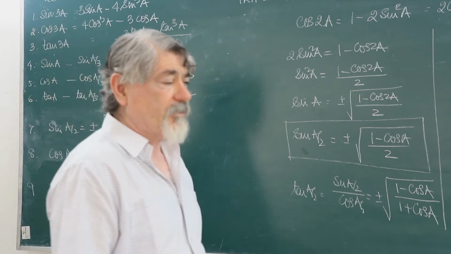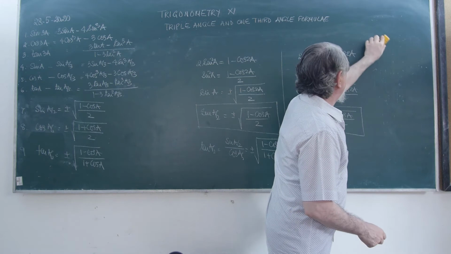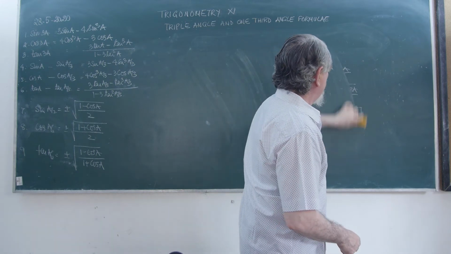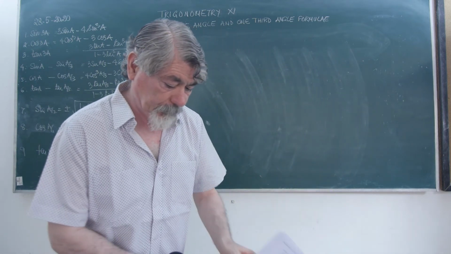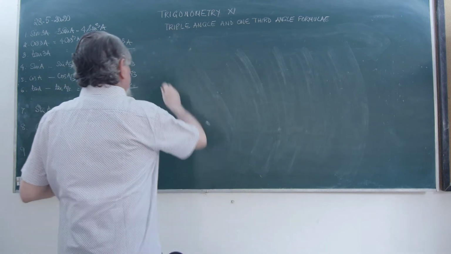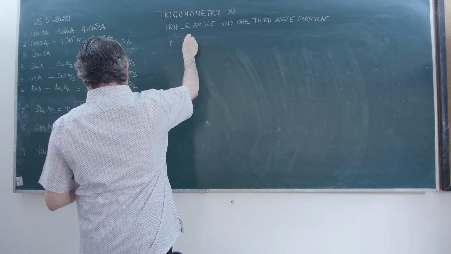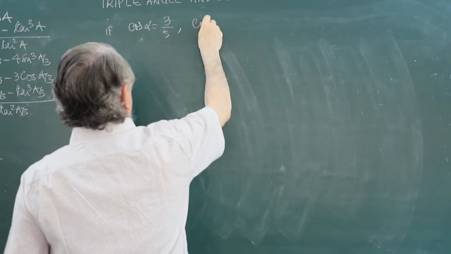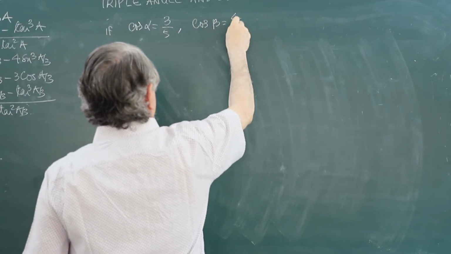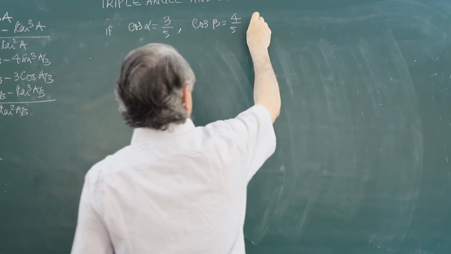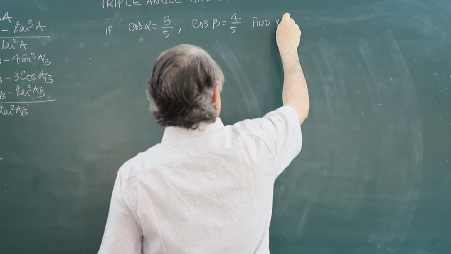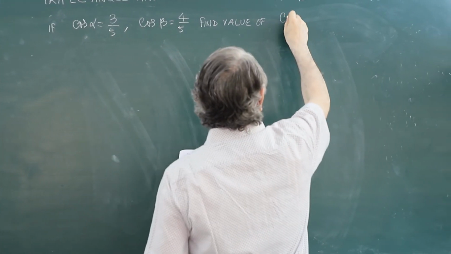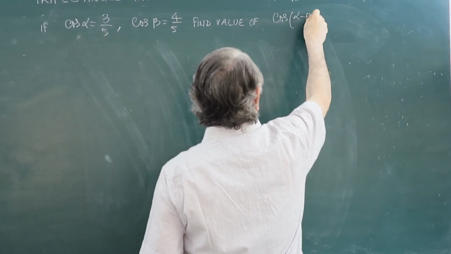Now we are going to do some questions based on them. For example, it says if cos alpha is 3 upon 5 and cos beta is 4 upon 5, find the value of cos alpha minus beta upon 2.